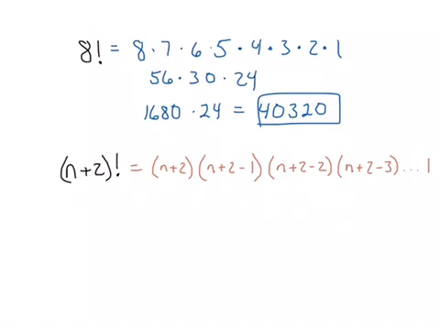So what are these values? Well, obviously, n plus 2 is there. If we took 1 less than n plus 2, we would be at n plus 1. And after you do this a couple times, you start to see how this counts without having to write out the minus 3 and the minus 2 and the minus 1. But we have an n minus 1 at this point in time.